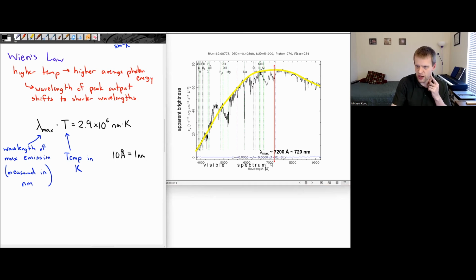So if that peak of the graph is showing up around 7,200 angstroms, that's around 720 nanometers. So for this example, our wavelength of maximum emission is 720 nanometers.